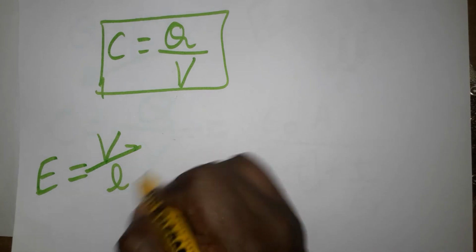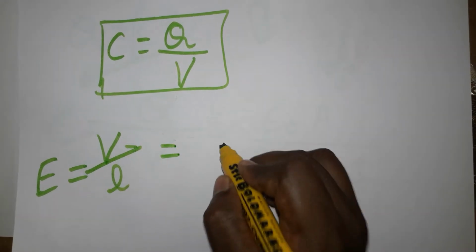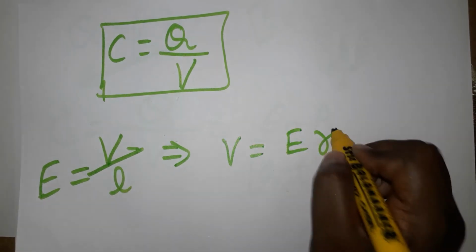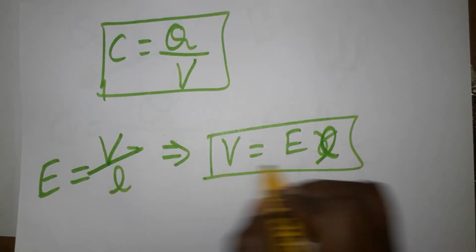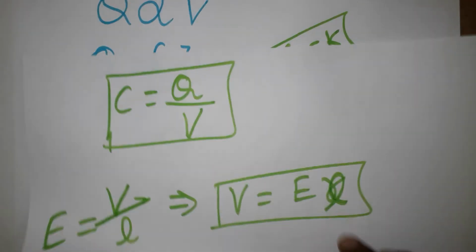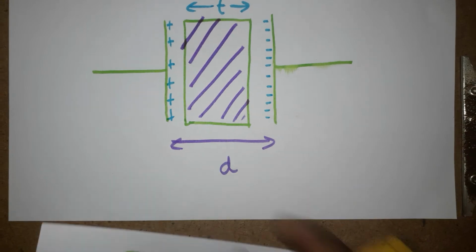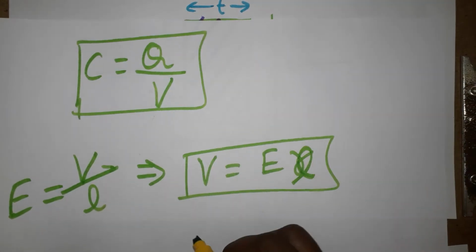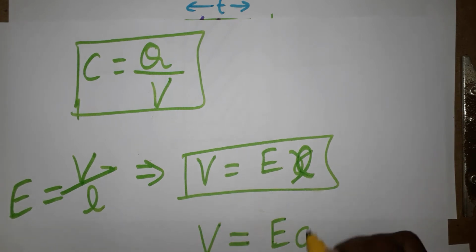So E is V divided by L, so V is equal to E times L. Potential is electric field times length. So the potential between the two parallel plates is electric field times the distance between the plates, E times d.